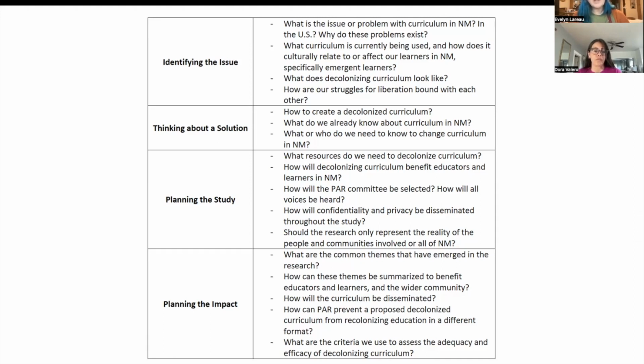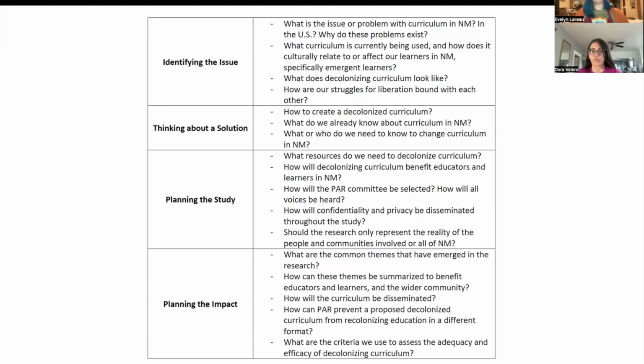So, thinking about a solution. Again, how to create... we look into what is a decolonized curriculum. And then we take some of those components, and with the committee, we are addressing this ultimate overarching theme of how to create an ethical decolonized curriculum.